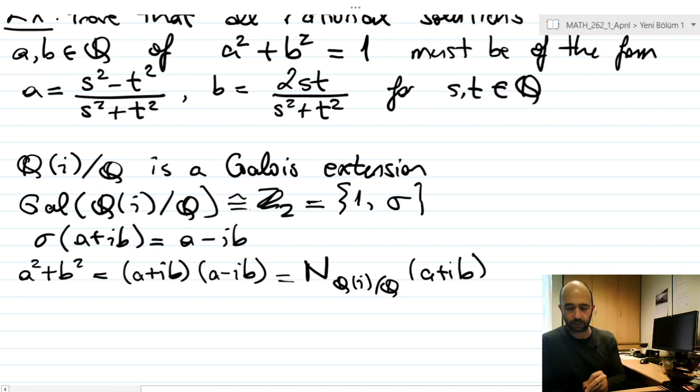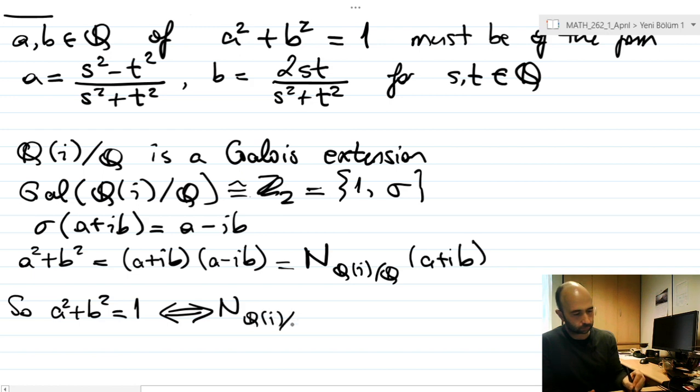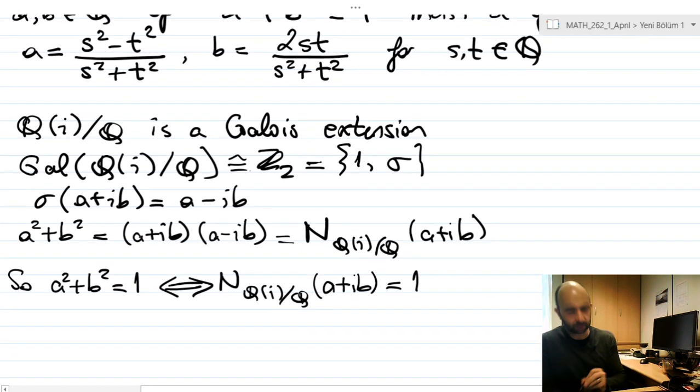This Diophantine equation holds if and only if the element a plus ib has norm 1. And this is just the right setting for Hilbert's theorem 90.